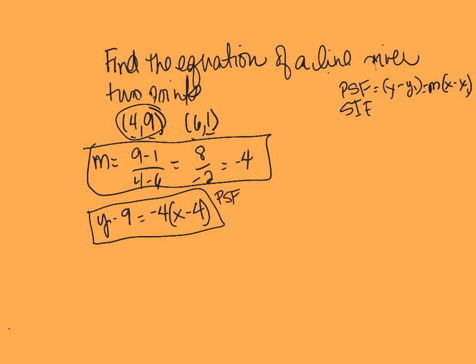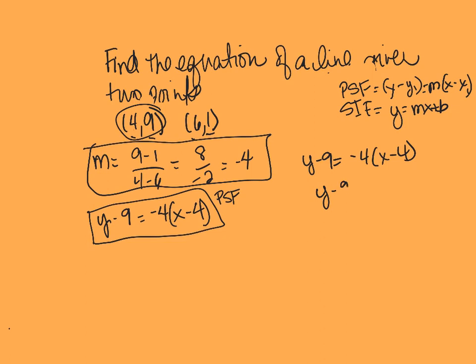Now to move on into slope intercept form, we just need to distribute this out and get it into y equals mx plus b form. So let's go ahead and do that. So we have y minus 9 equals -4 times x minus 4.